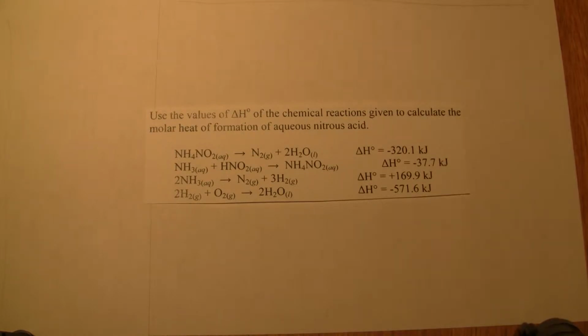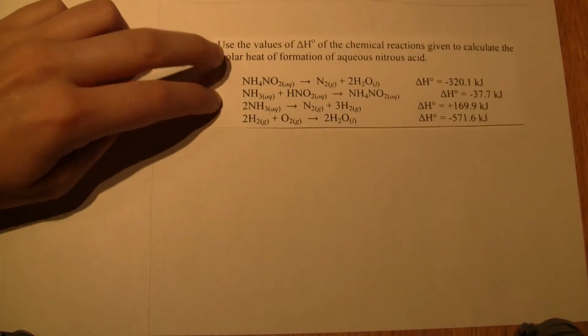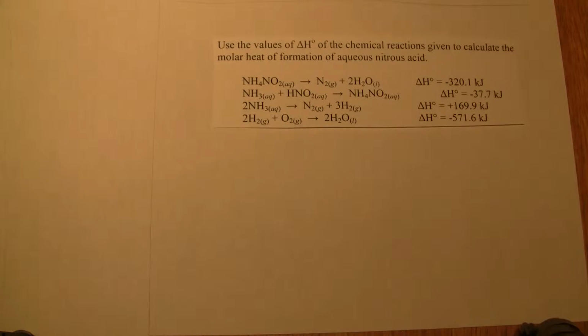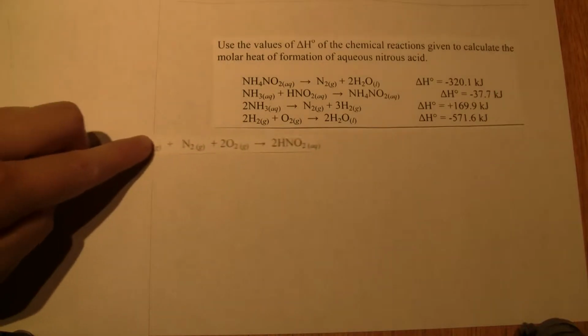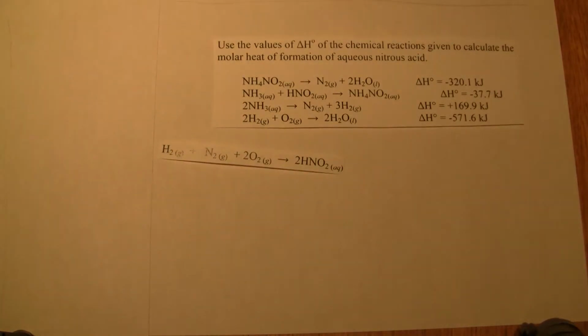So the first step to solving this problem is finding the equation that we need, the balanced chemical equation, for the formation of aqueous nitrous acid. So in whole number ratios, this is 1 mole of H2 plus 1 mole of N2 plus 2 moles of O2 yields 2 moles of HNO2, which is nitrous acid.